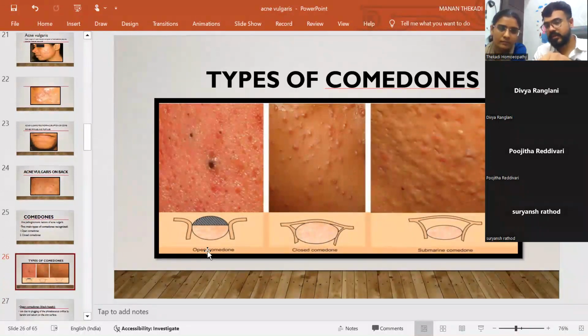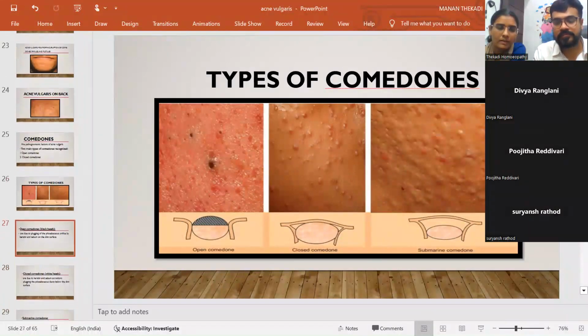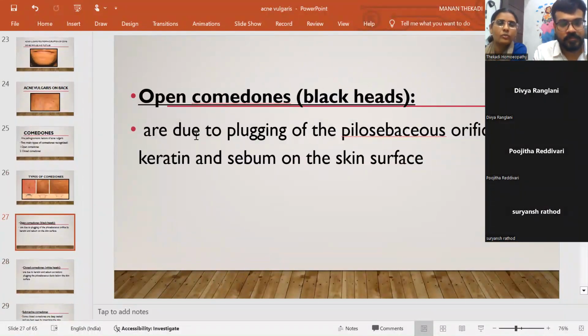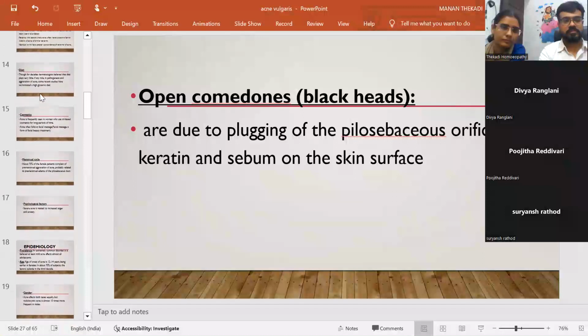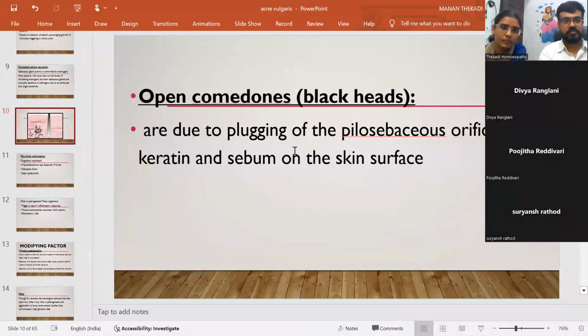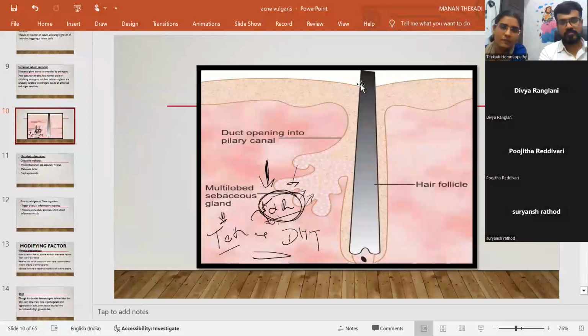So the submarine comedones are quite difficult to cure, guys. They do not respond quite easily to the medicines. Now the open comedones are termed as blackheads. Generally what happens when comedones occur is plugging of the pilosebaceous orifice. When the pilosebaceous orifice is clogged by the keratinous substance, then blackheads develop.